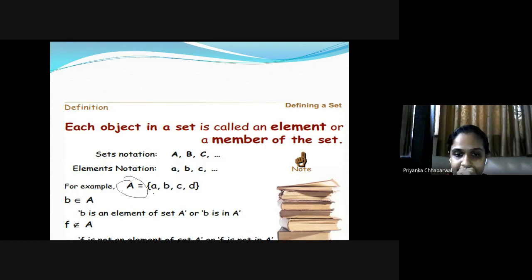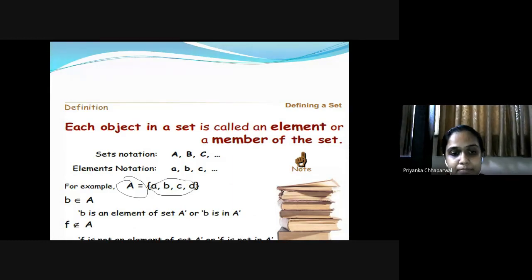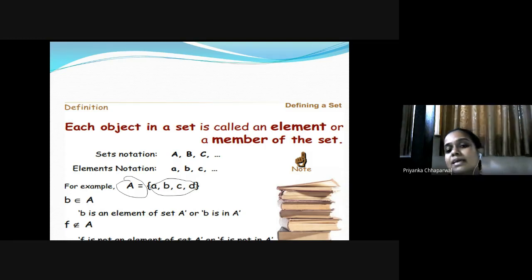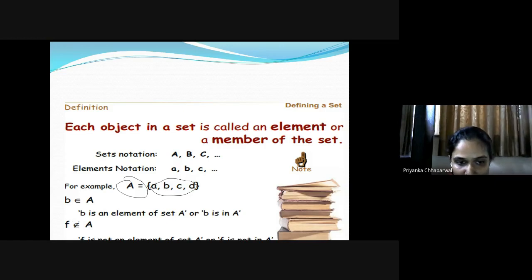So set A has four elements. If I write b belongs to A, it means b is an element of set A. How can we read this? b belongs to A, or maybe you can write b is in A. Suppose I write f does not belong to A, with a cross sign on the notation, it means f is not an element of A. Is it clear what is an element of the set?